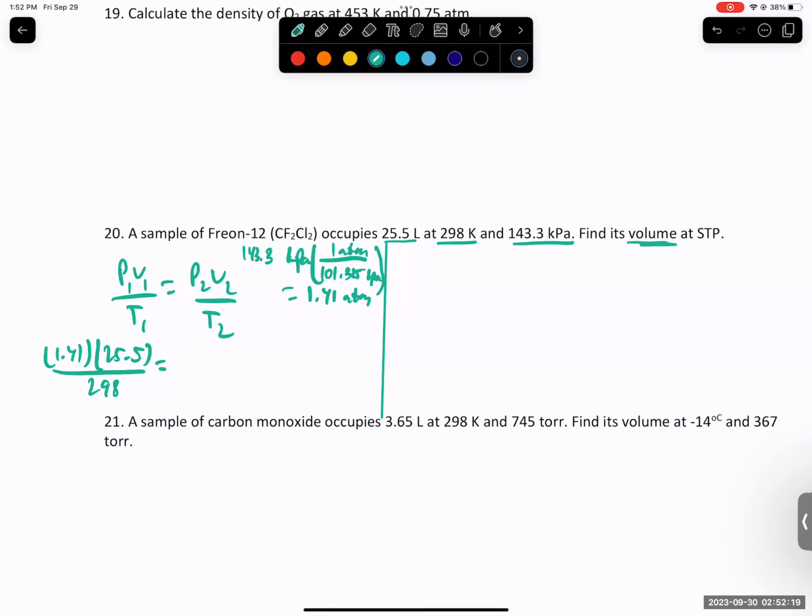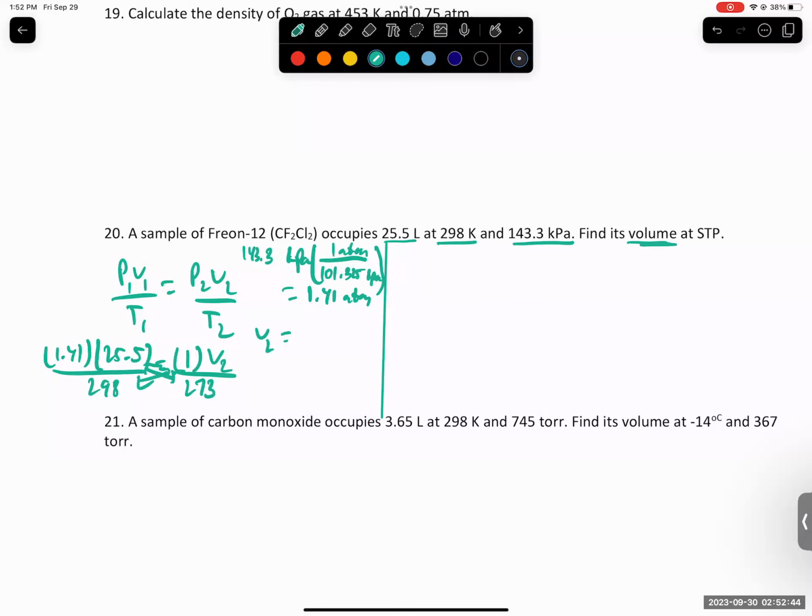So what's STP again? 1 ATM and 273 Kelvin. Yeah, 1 ATM, and this is V2, and then this is 273 Kelvin. So if we solve for V2 using our calculator, we're gonna do some cross multiplication here first.